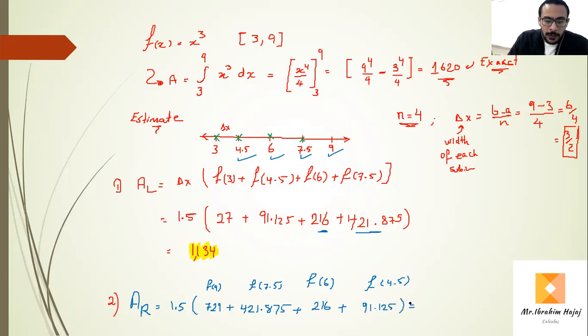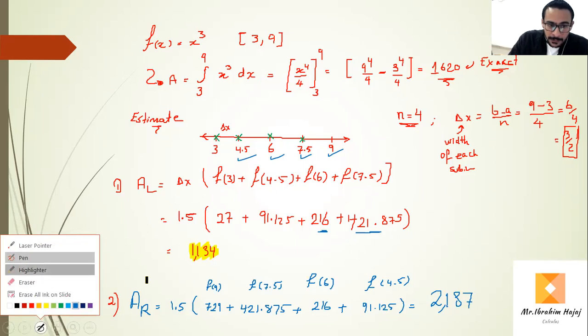When we add this up and multiply the answer by 1.5: 729 plus 421.875, plus 216, plus 91.125, which is about 1,458. Multiplied by 1.5, it's 2,187.